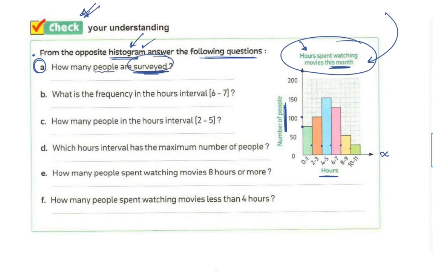For all people surveyed, I need to make an addition. The first column, how many people between 50 and 100? That means 75. So first we have 75 plus. Next bar, from 2 to 3 hours, we have 100 people. Plus, third column, 150.